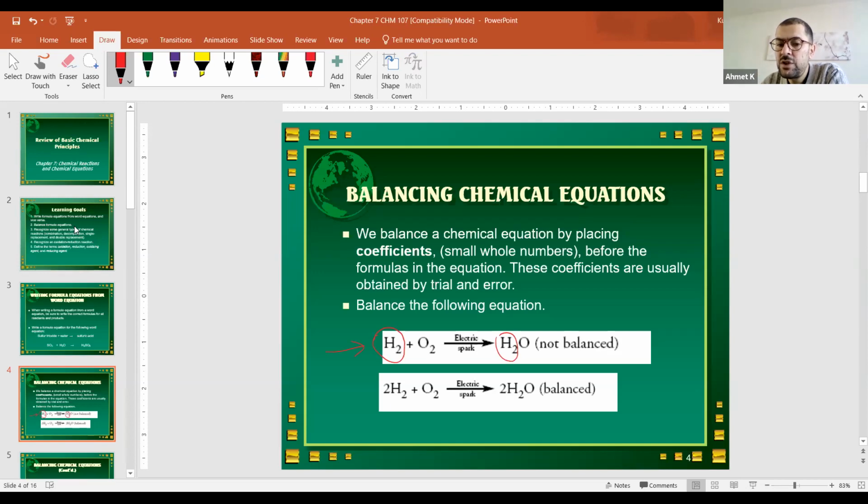But if you look at the oxygen, we have two oxygens, but we have only one oxygen, right? So we need to have the same number of elements on the product side and the same number of elements on the reactant side. Okay.